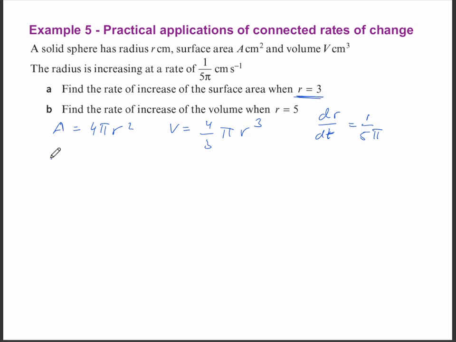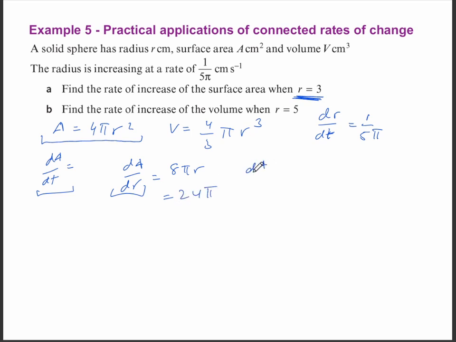For that we need to find our dA over dt, and in order to get that we will obviously need the middle term, which is dA over dr. And this you will get by differentiating your area formula, from which you will get 8 pi r. Putting in our value of r, which is 3, we get back 24 pi.